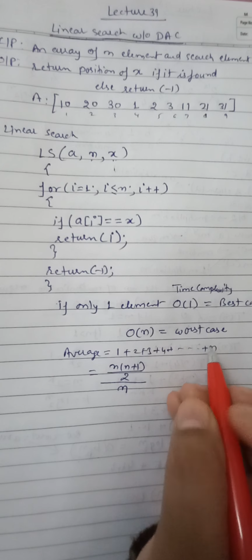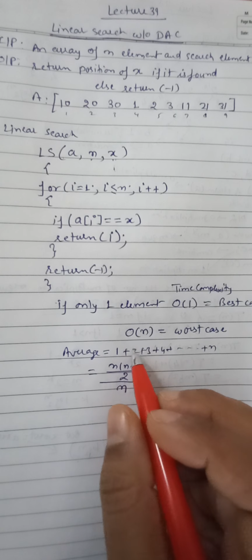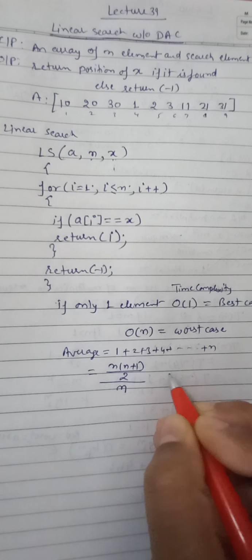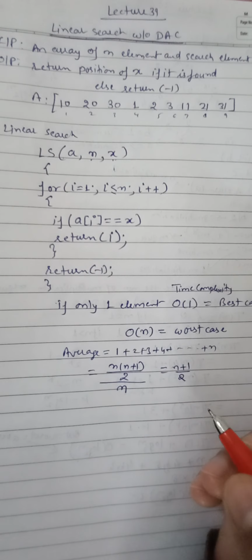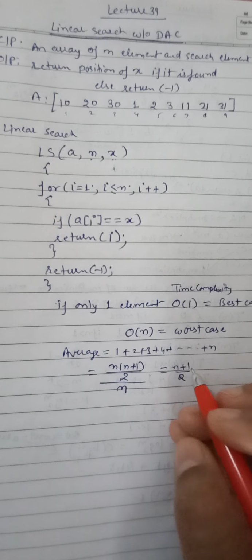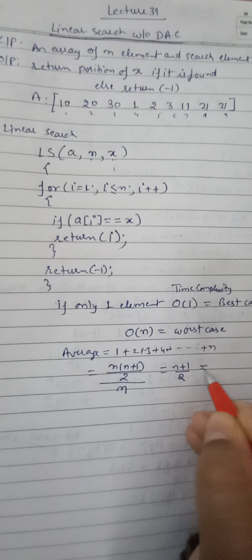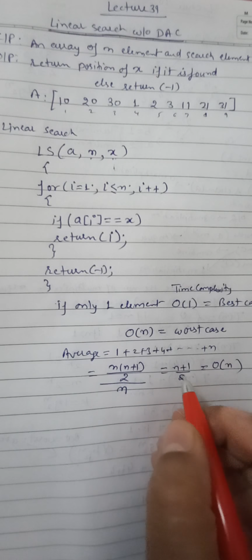If we do the addition of this, it will be n into n plus 1 by 2, but because we need to calculate the average, upon total number of elements. So what we will get is n plus 1 by 2. So we can simply say the order of n.